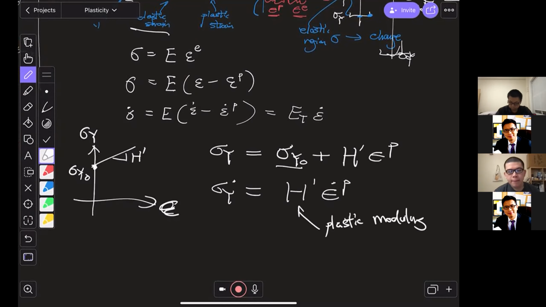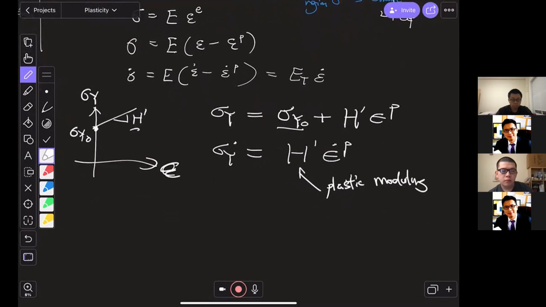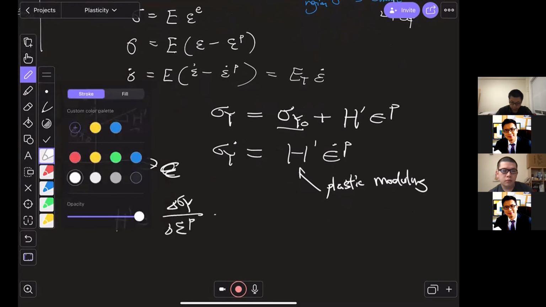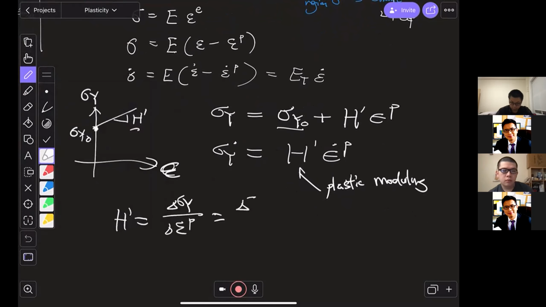Now, the next question is how that plastic modulus is related to the tangent. I will do a very quick derivation here. H prime equals the change of the yield stress divided by the change of the plastic strain, approximately. And this would equal the change of the stress itself over the change of epsilon p beyond yielding.